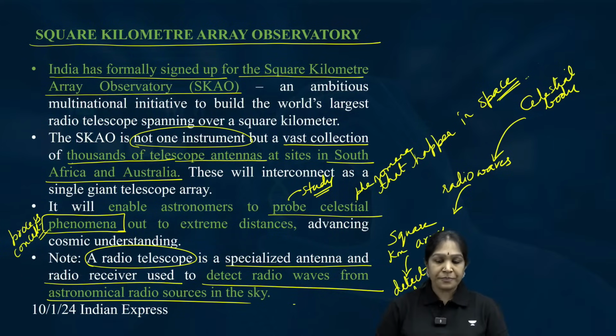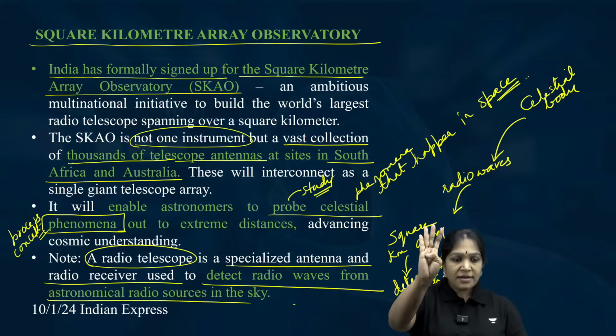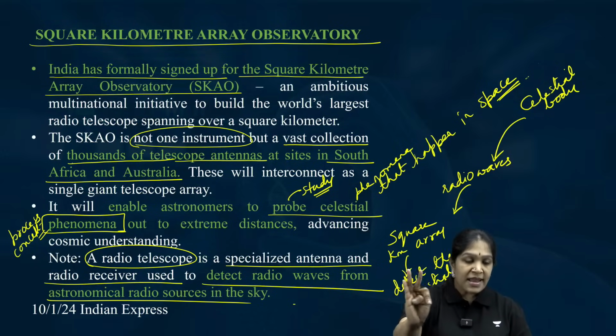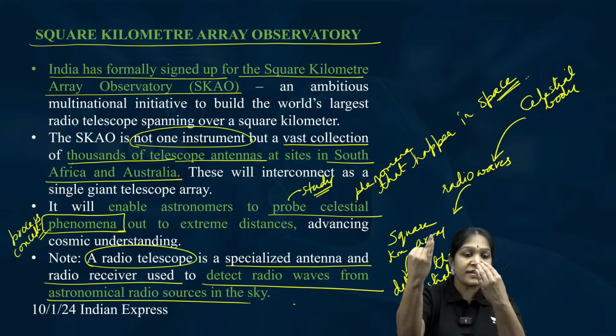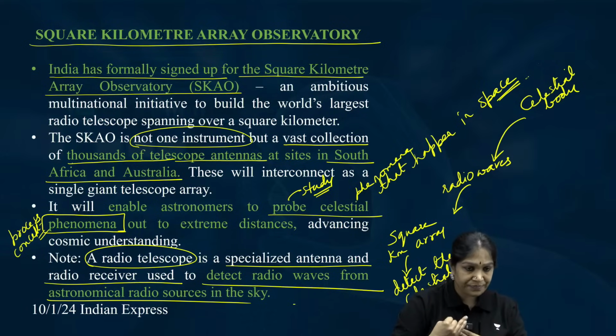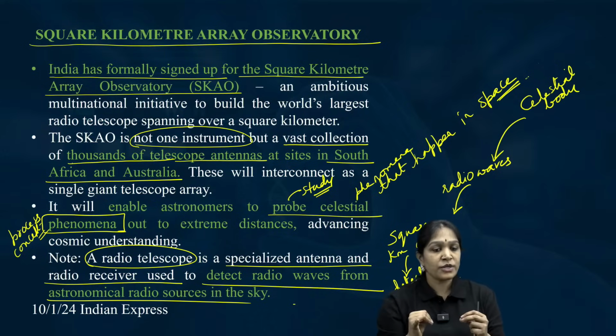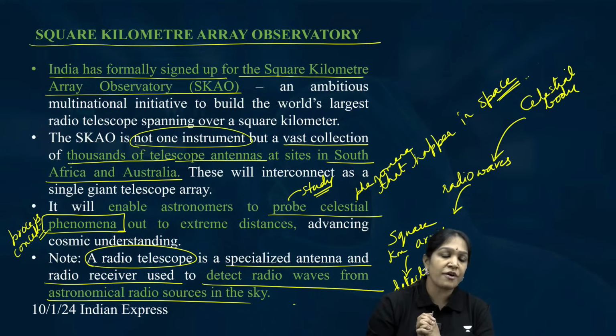Is the process clear? Step number 1, a celestial body releases radio waves. These radio waves will hit the Square Kilometer Array. It will have antennas that receive those radio waves. It will analyze the radio waves and try to understand the nature of that celestial body. Is it a planet?